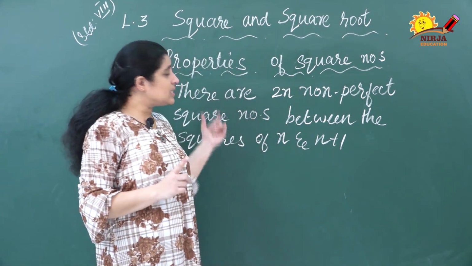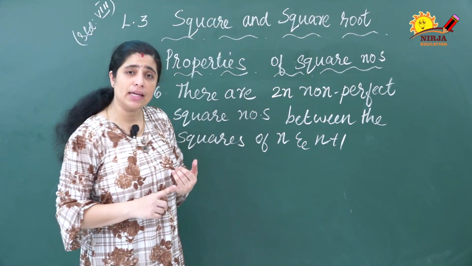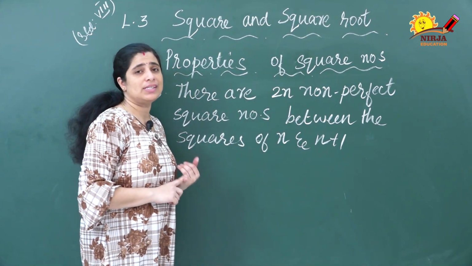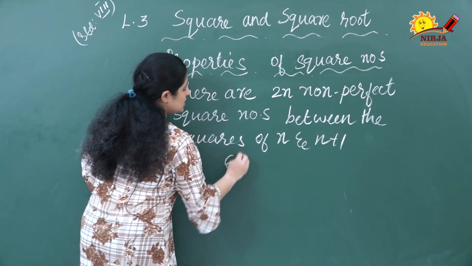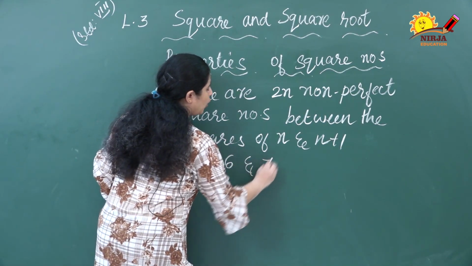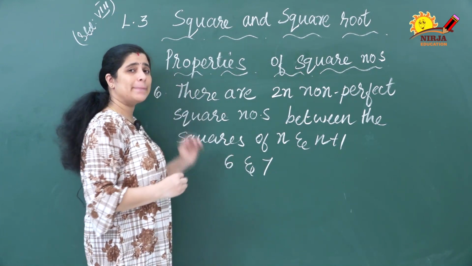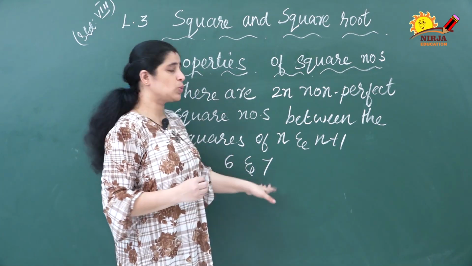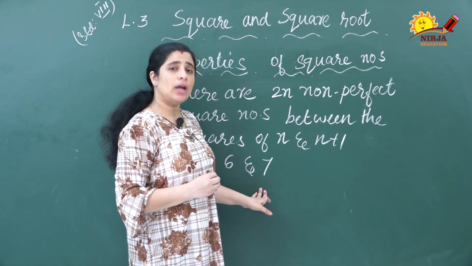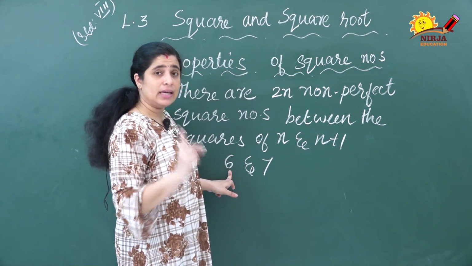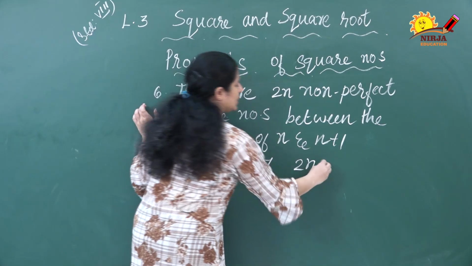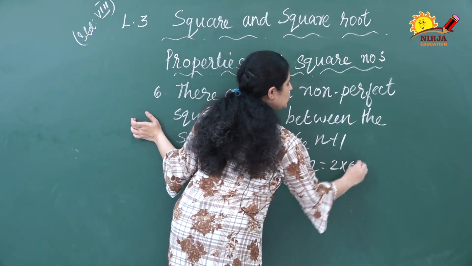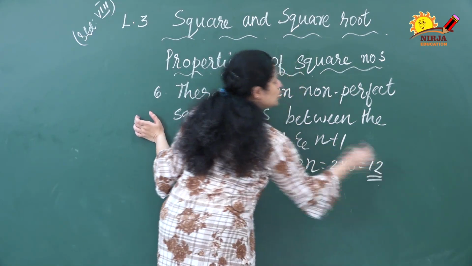We will discuss this property using an example. I am going to take two numbers here, 6 and 7. You have to find how many non-perfect square numbers will be between the squares of these two numbers. Here n is 6. So you have to find 2n, that is equal to 2 into 6 equal to 12.